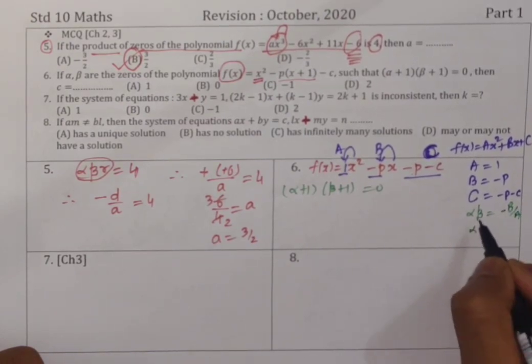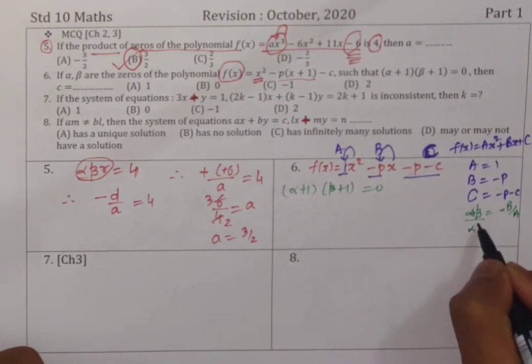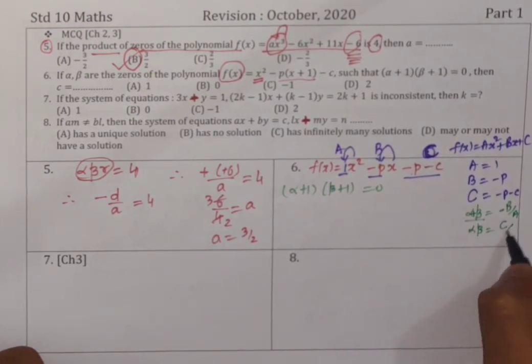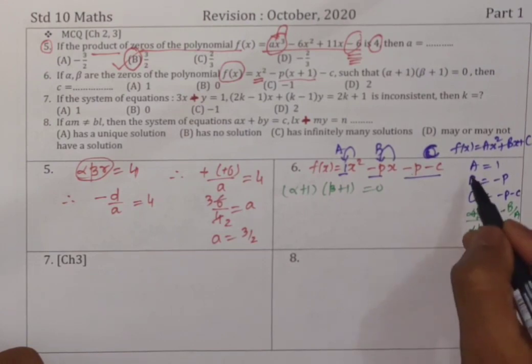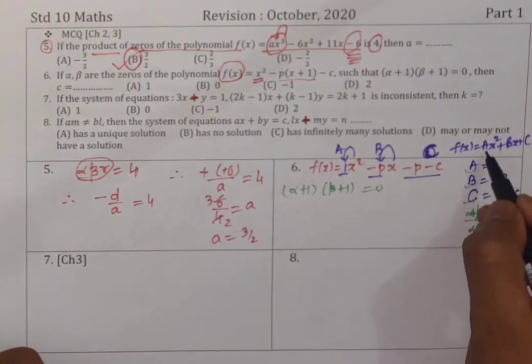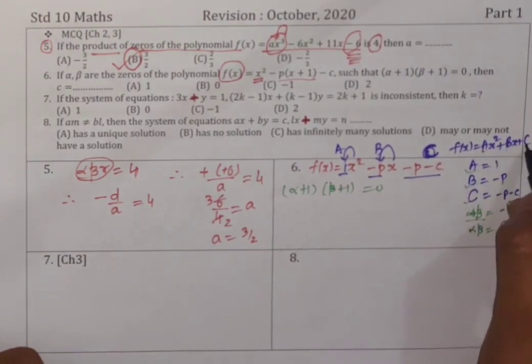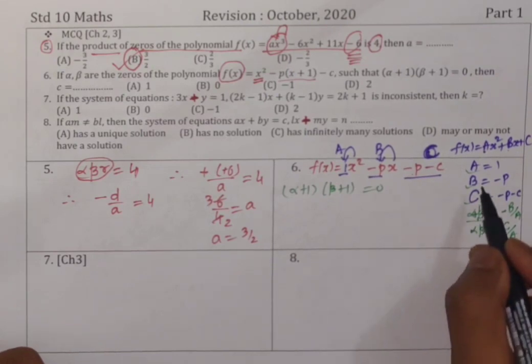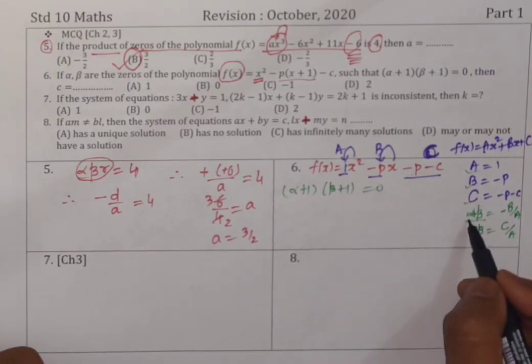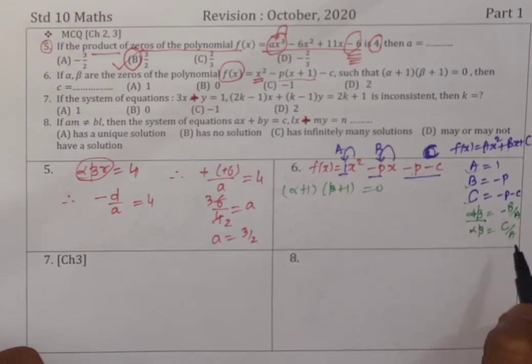And alpha into beta is c upon a. Why have you used capitals? Because I have called those real numbers a, b and c as capital. So if this is the quadratic polynomial and alpha and beta are its zeros, then alpha plus beta is minus b upon a and alpha into beta is c upon a.